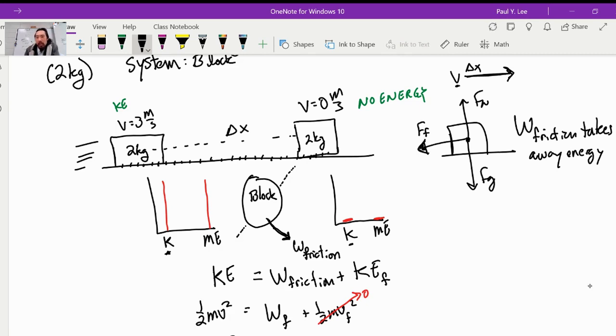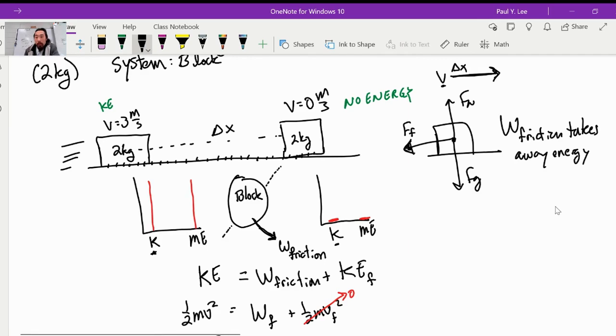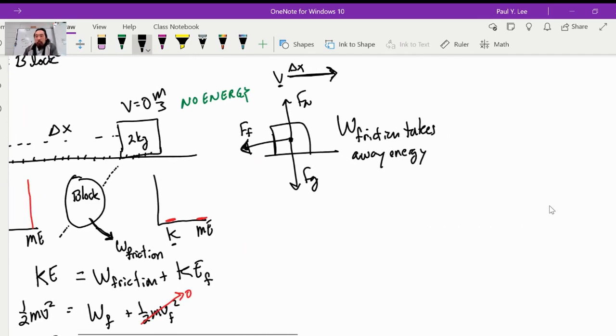And so because that F_f is pointing to the left, it is not helping this object speed up. So here we go. Now we're talking about speeding up and slowing down, because force is mass times acceleration, and acceleration either tells us if we're speeding up, and if you're speeding up, your kinetic energy increases, or it could tell you if you're slowing down. If you're slowing down, your kinetic energy is decreasing.